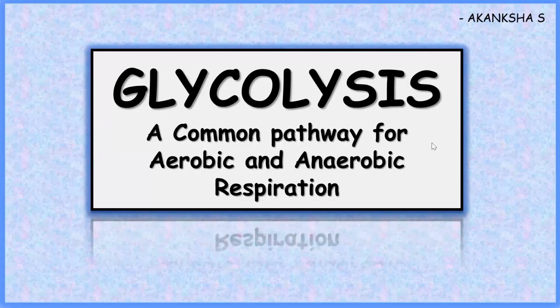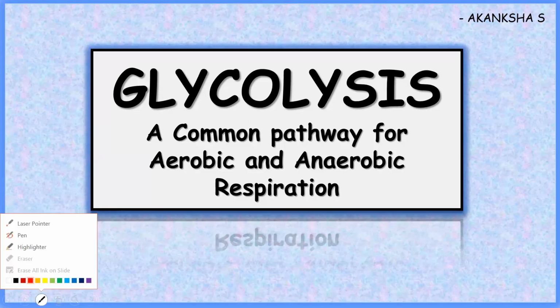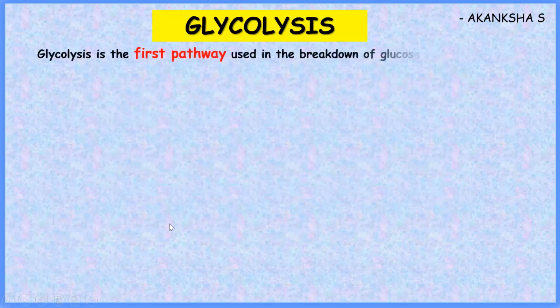Hello everyone. Today we are going to understand glycolysis, which is a common pathway for aerobic and anaerobic respiration. First, let's try understanding what glycolysis is. Glycolysis is the first pathway used in the breakdown of glucose to obtain energy. I want you to focus on this particular point: breakdown of glucose to obtain energy.